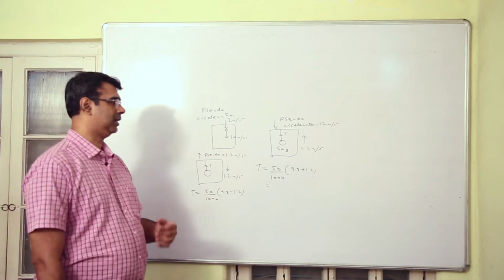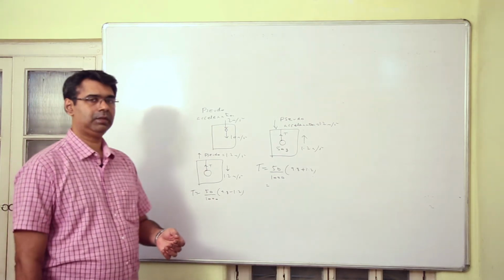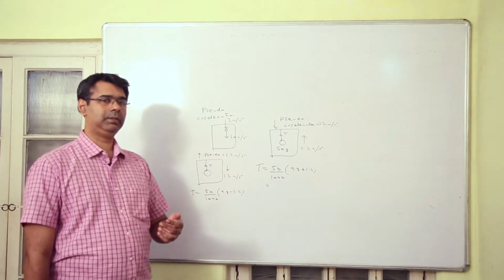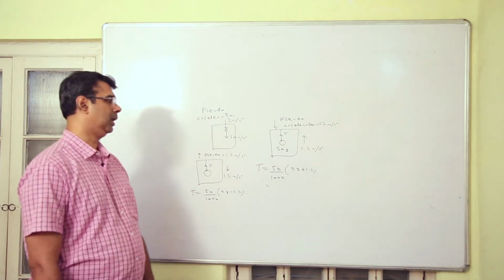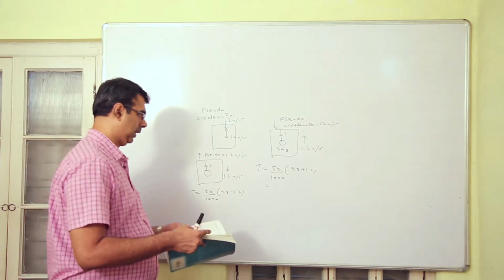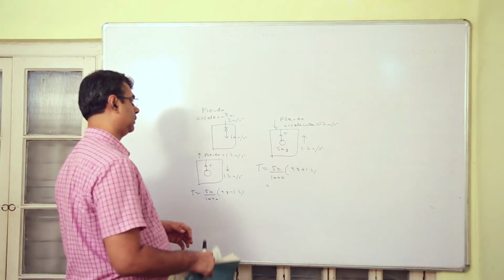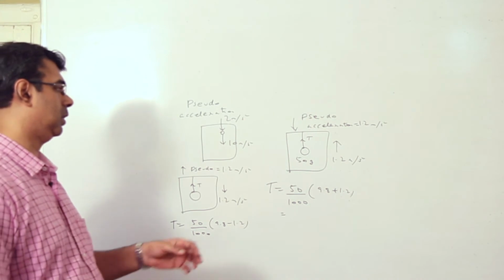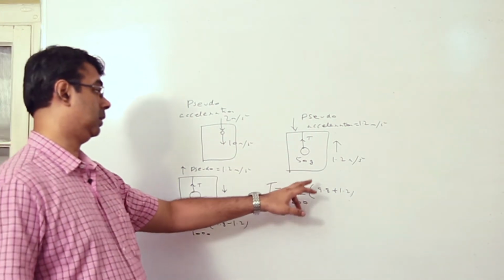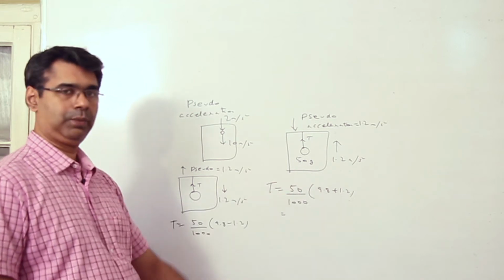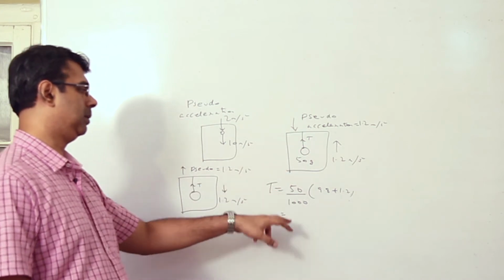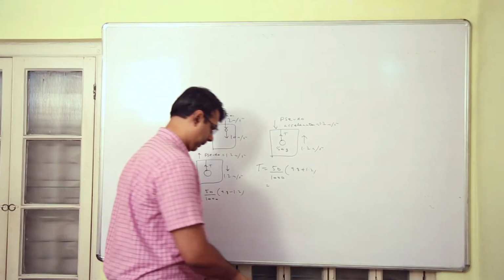And when I say terrestrial calculations, if the observer is on the surface of the Earth and looking at some motion, then that will be considered as terrestrial calculation. In that case, the frame of the observer, we will take it to be inertial, right? So if the lift is going up or down with uniform velocity, then tension will simply be 50 by 1000 into 9.8. Then we don't have to apply any pseudo acceleration at all.